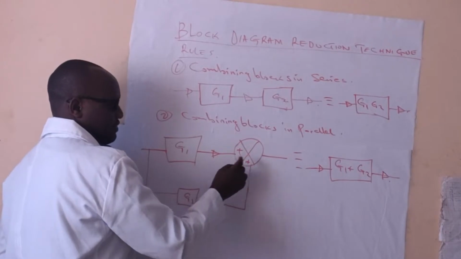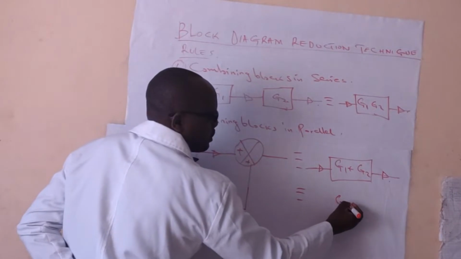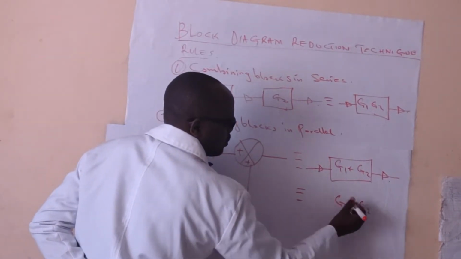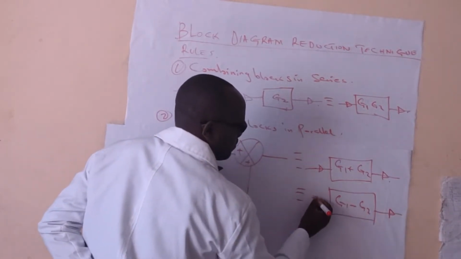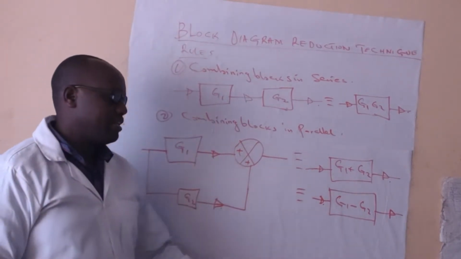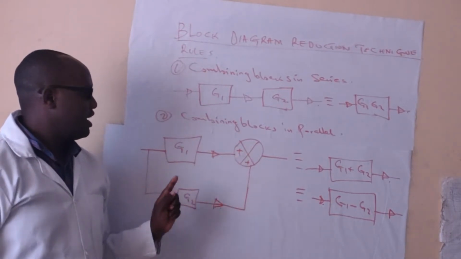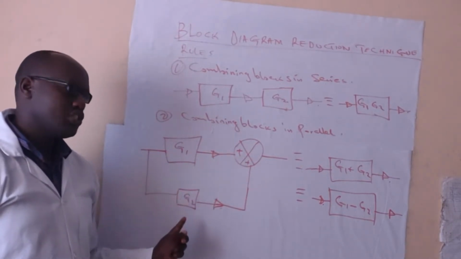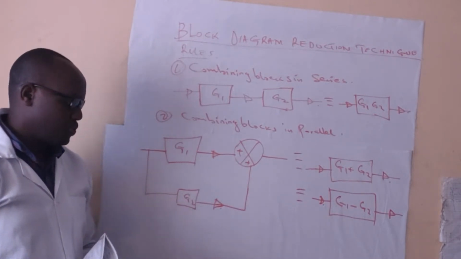If here was negative, then we could have said G1 minus G2. But for our case, plus, then we are going to say G1 plus G2. So that is the rule. So that is rule number two.